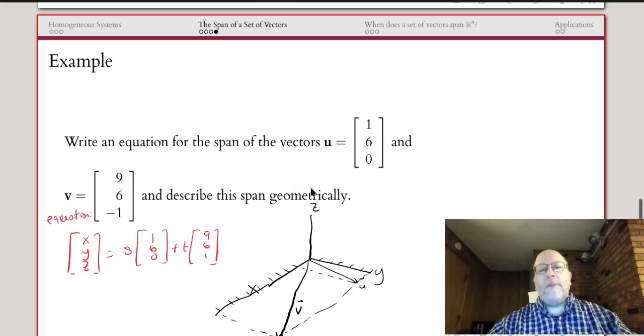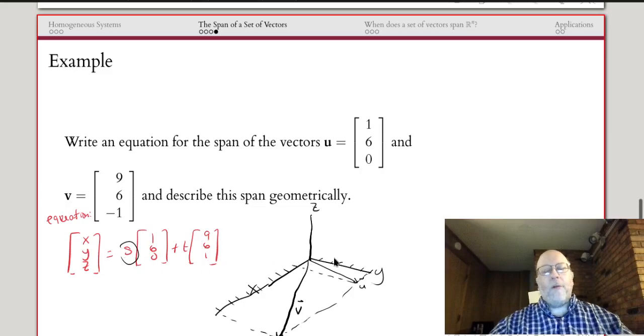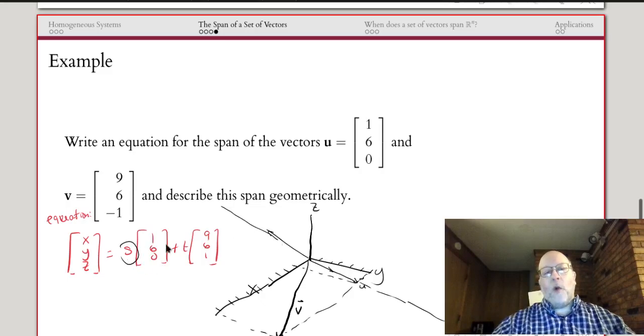But when we talk about spanning, that means I could take any multiple of u, which means I can take 2 times this vector, or 3 times this vector, or 1/2 times this vector, or -1 times this vector. The s in front of u means I could be anywhere along this line. And then the t in front of v says that from whichever point I end up on this line, I can move any amount I want in this direction.